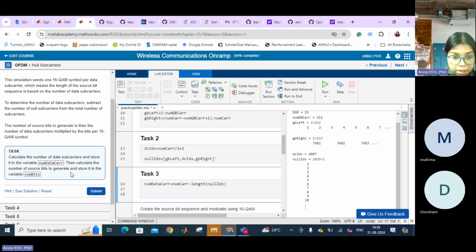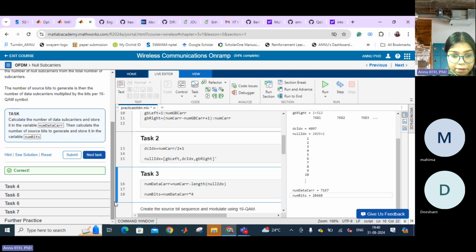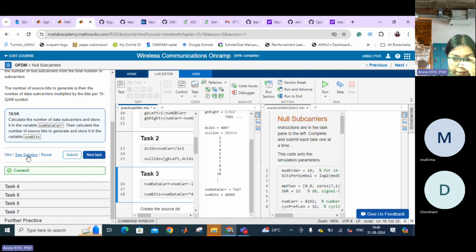Right. Number of bits nothing but... let's see whether this is correct or not. Yeah, it is correct. We can see the solution also. Maybe they have done it a different way.